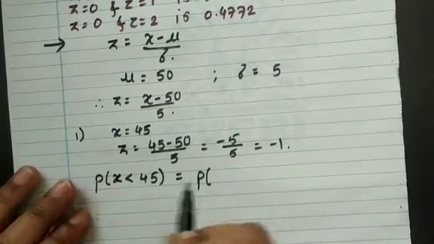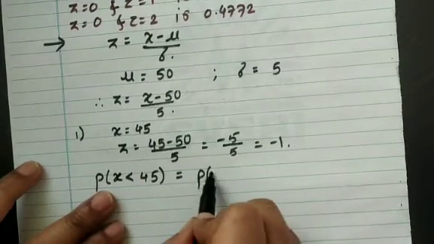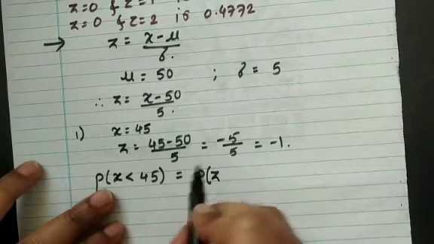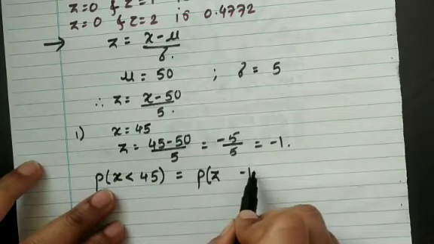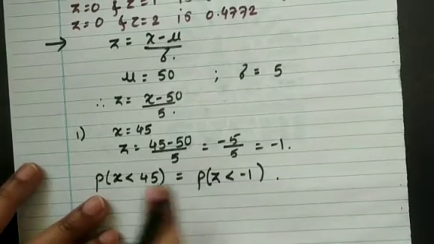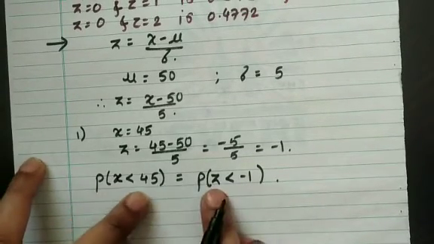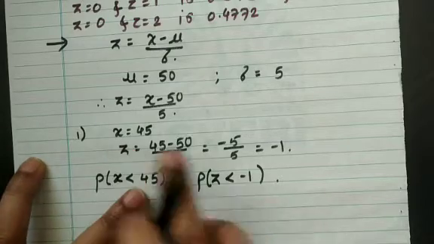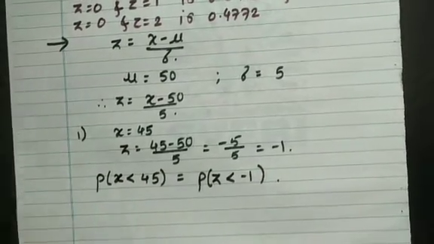The corresponding z for 45 is minus 1 and there is a less than sign, so for 45, z is minus 1.